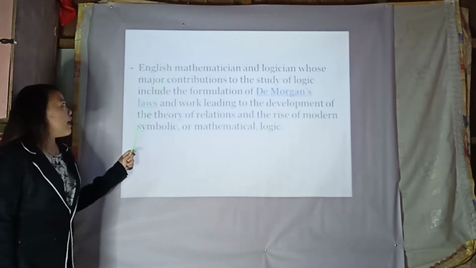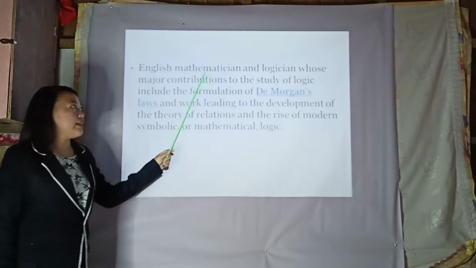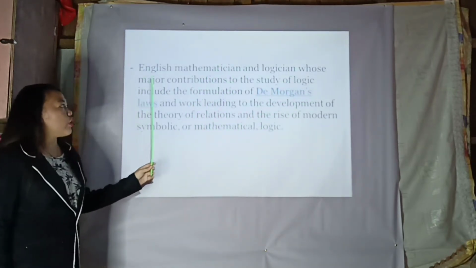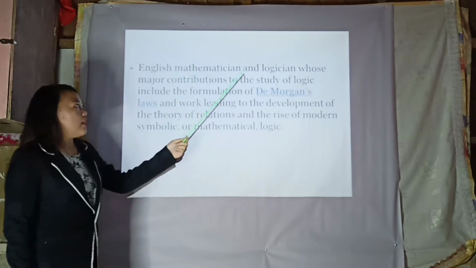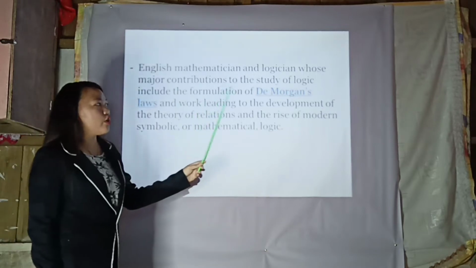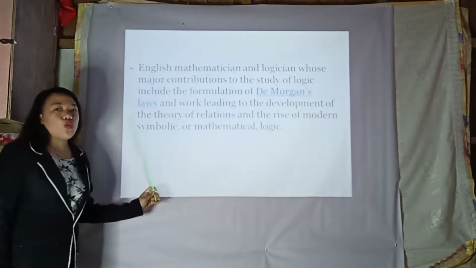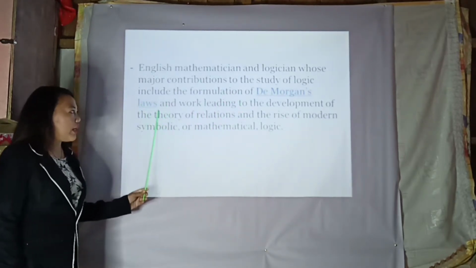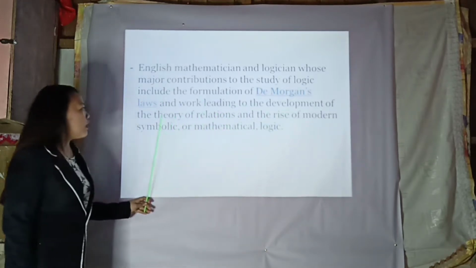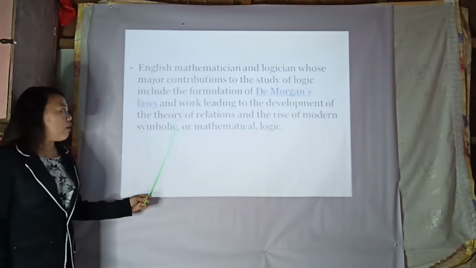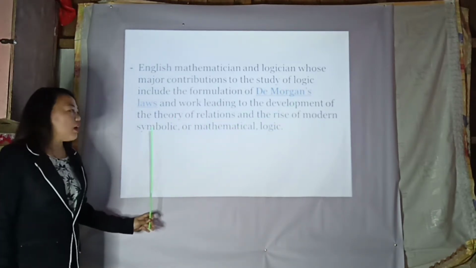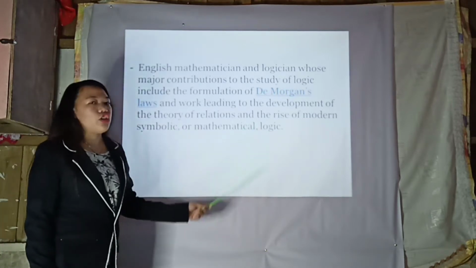He is an English mathematician and logician whose major contributions to the study of logic include the formulation of De Morgan's laws, which is our topic for today, and work leading to the development of the theory of relations and the rise of modern symbolic or mathematical logic.